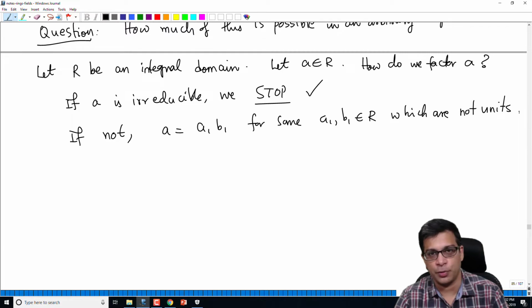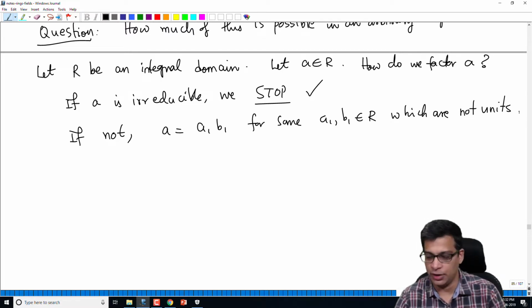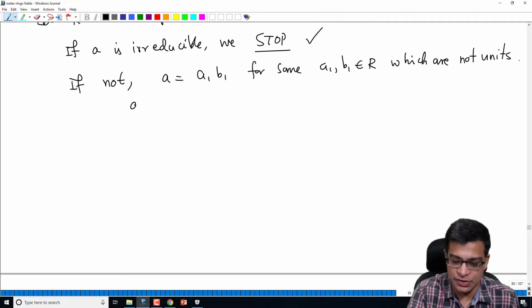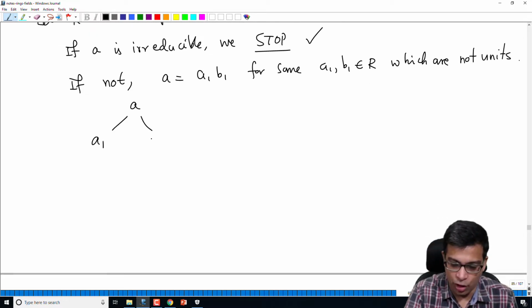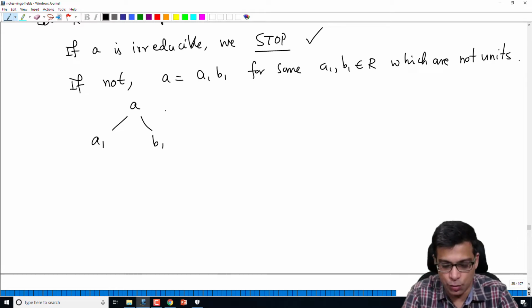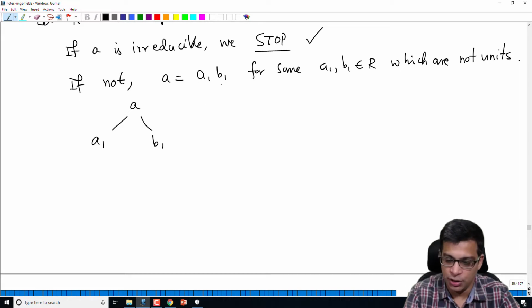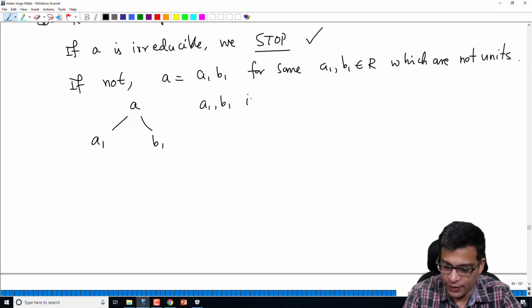If A1 is a proper divisor, we can find another proper divisor B1 such that A is A1 times B1. So we have gone from A to A1, B1. If A is irreducible, we stop. Otherwise, we find two other elements A1, B1. If A1 is irreducible, we stop here. And if B1 is also irreducible, we stop. And that's the irreducible factorization.